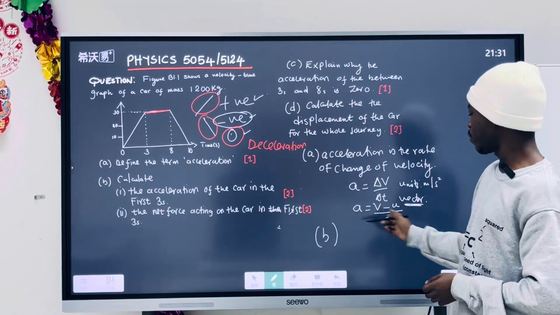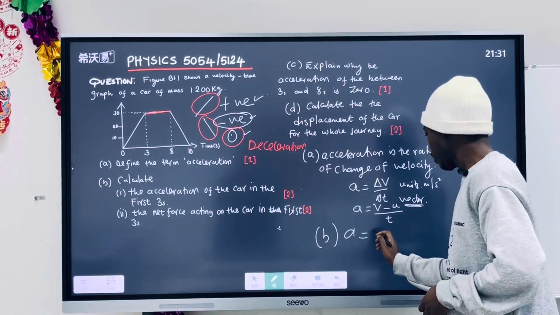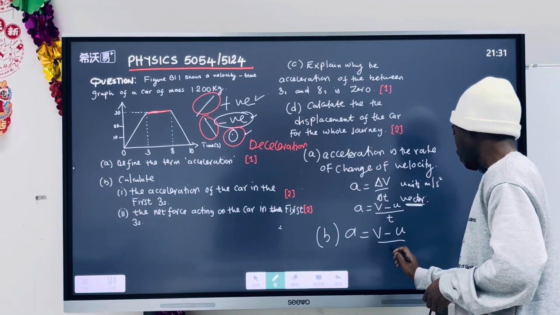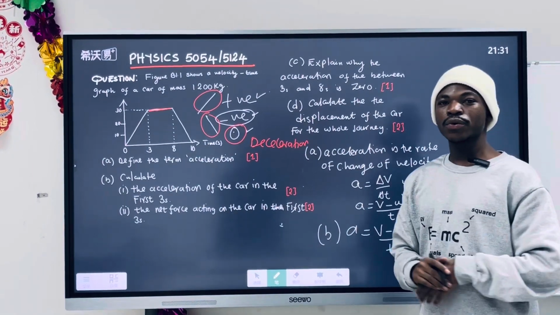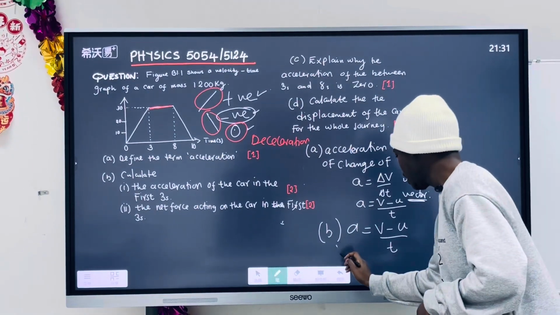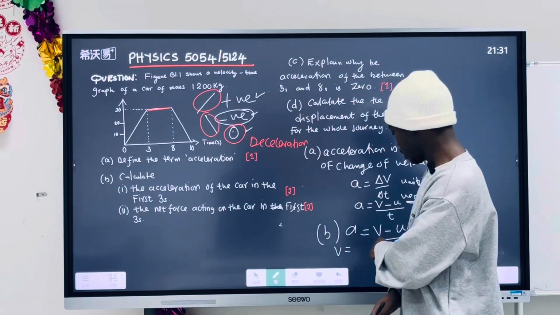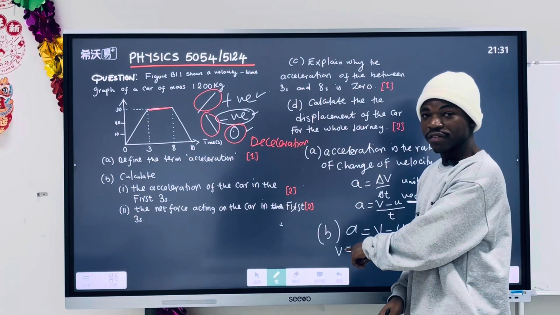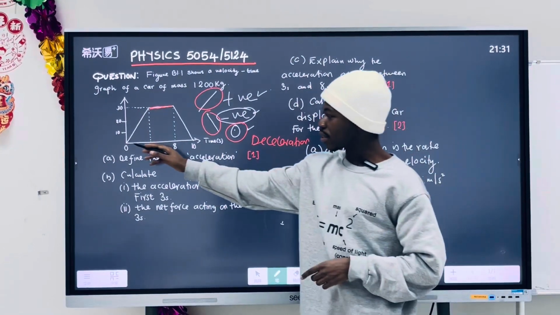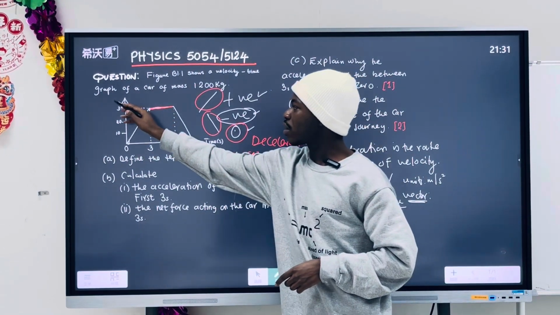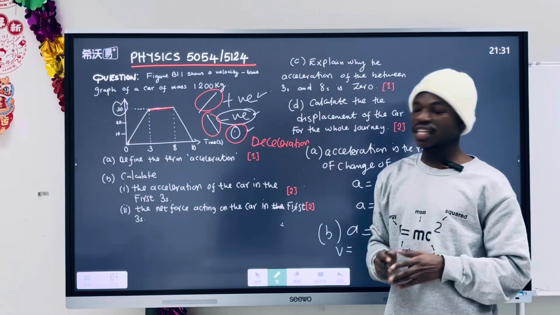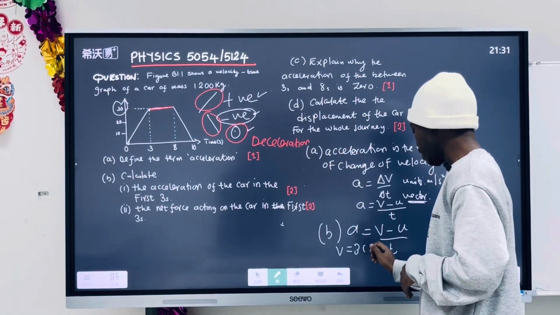We're going to write down this formula. Acceleration equals V minus U over T. Then we're going to collect our data. What is our V? The final velocity. You can see that in the first 3 seconds, our final velocity is now at 30. So 30 is what we're going to use as our V.